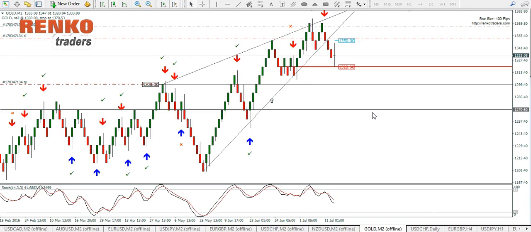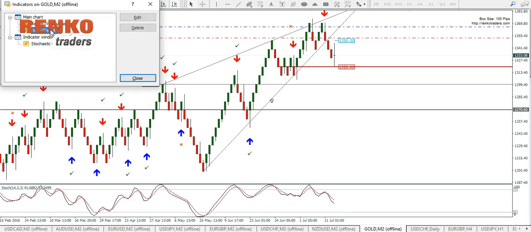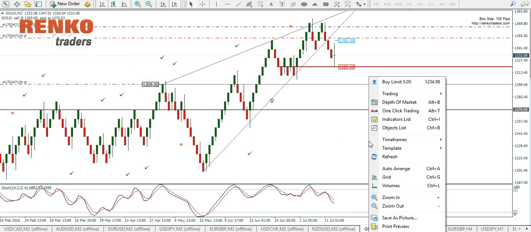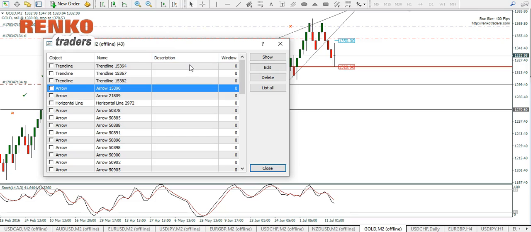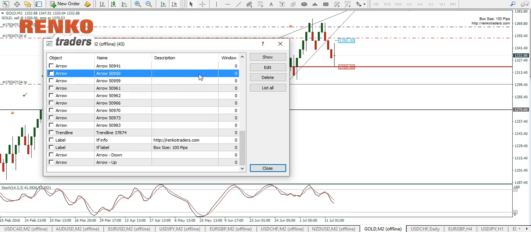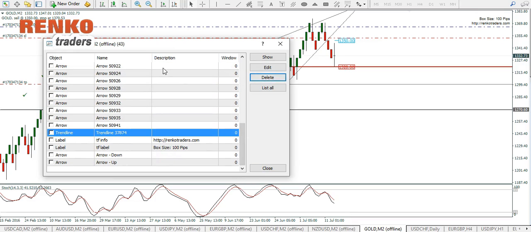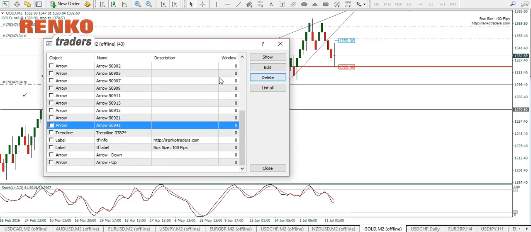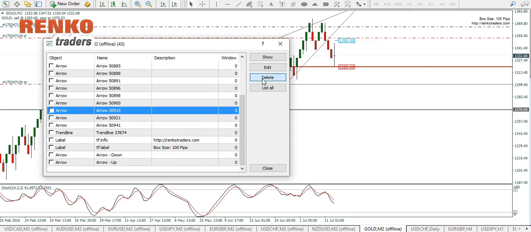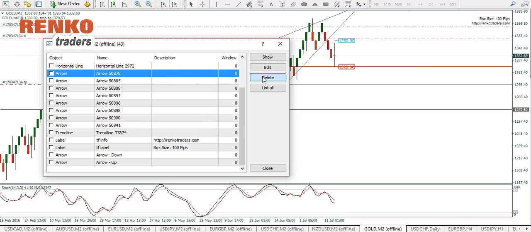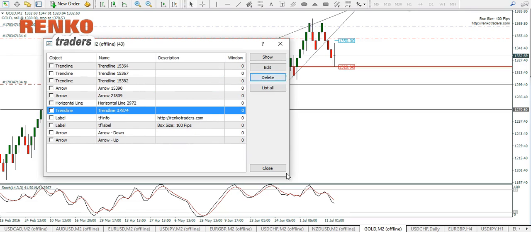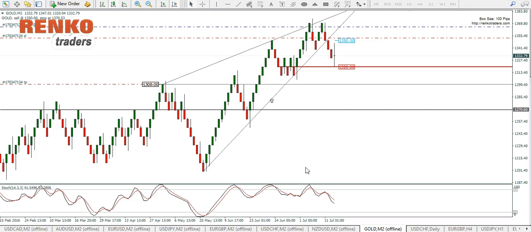Moving on to gold, let me just get rid of the objects on the chart, make it a bit more readable. Okay, so with gold prices, what you have is prices moving in a rising wedge pattern, and we had a breakout near 1350.